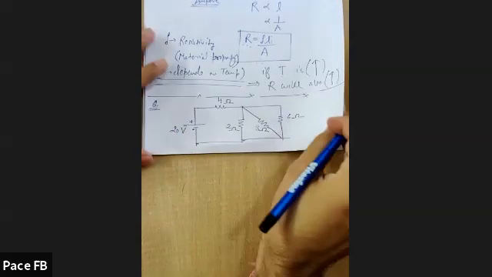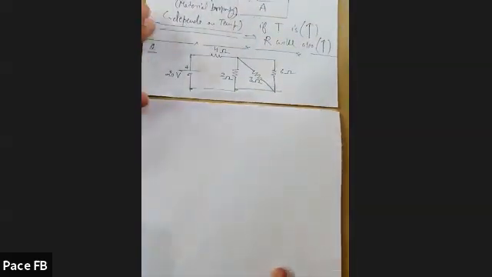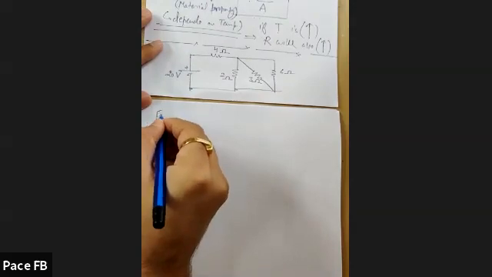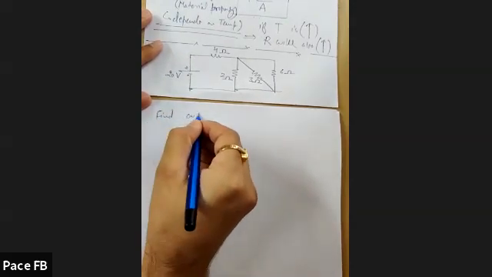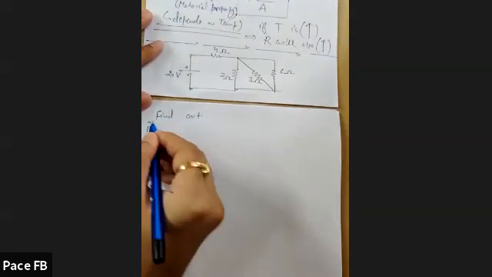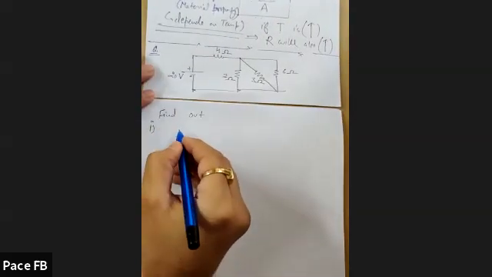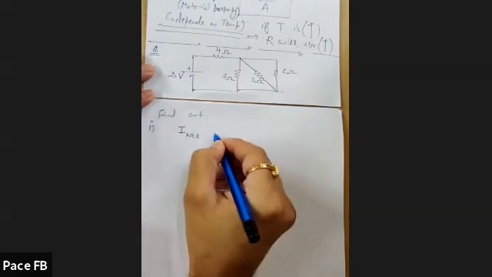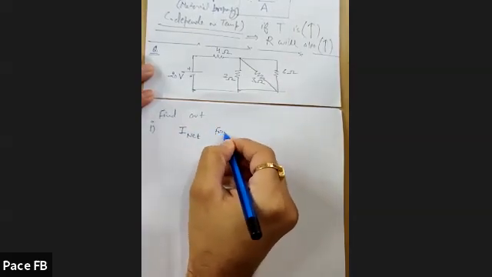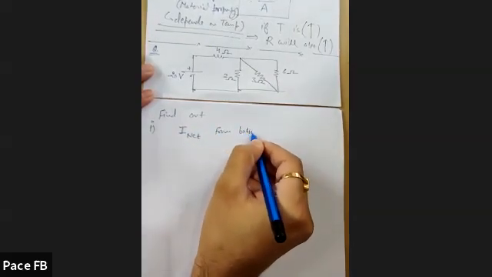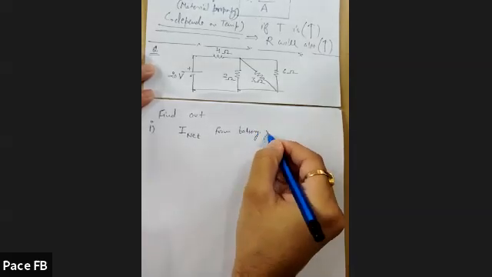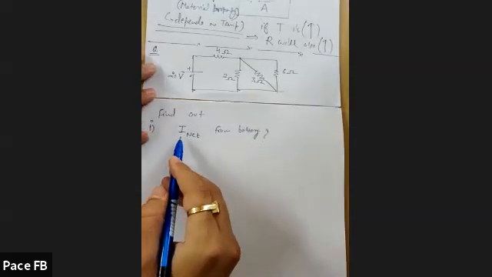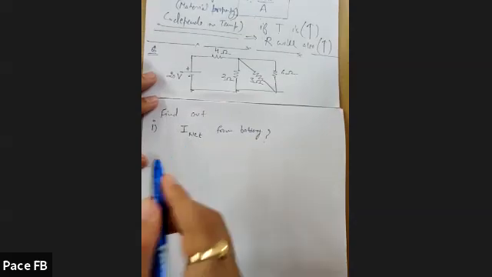So what do you have to find out now? First, I net, the net current withdrawn from the battery. There's a battery of 20 volt. So what is the net current withdrawn from the battery? This you have to find out.